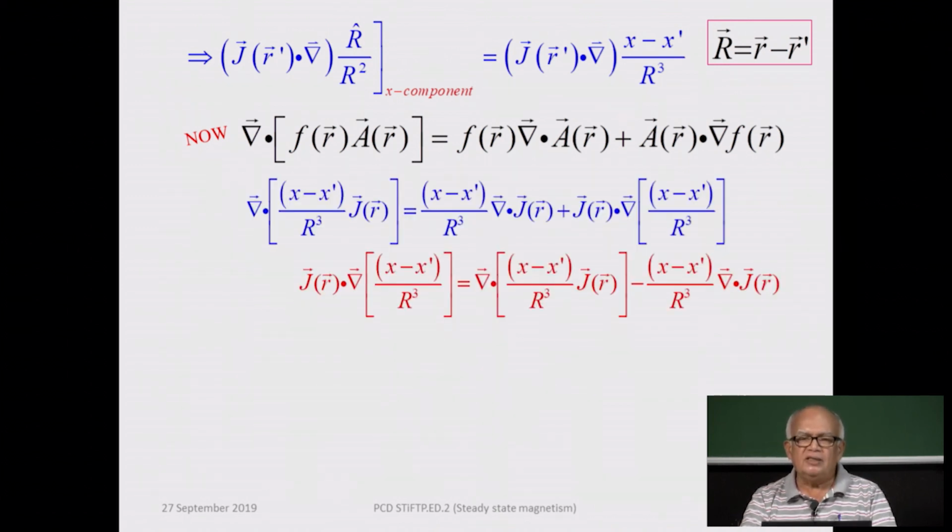I use this to get the divergence of a product of a scalar function, which is x minus x prime over r cube, and a vector, which is the current density vector. So I use this vector identity to express this and I get this result.